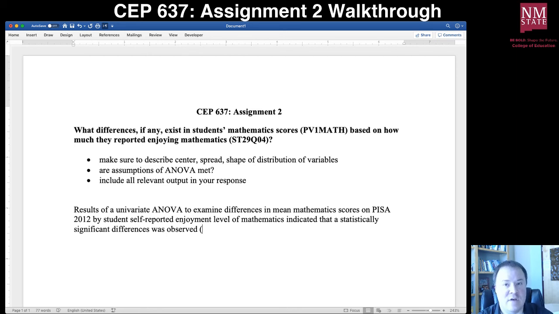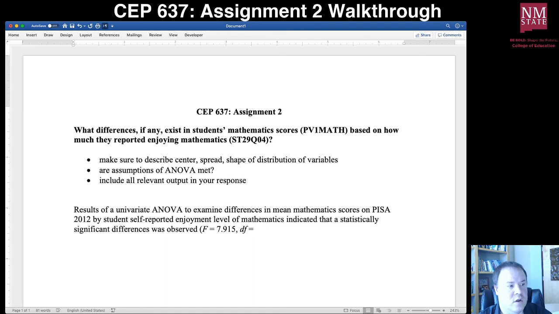We need the evidence. So, we put the F-score, which comes from the overall ANOVA results, which in this case the F-score was 7.915. Degrees of freedom, and there are two of these, the numerator and denominator degrees of freedom.